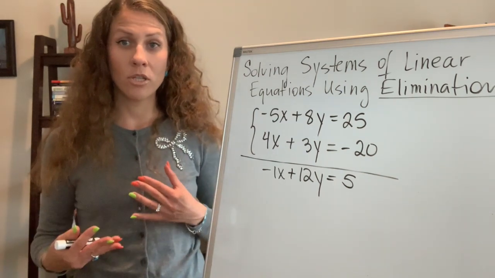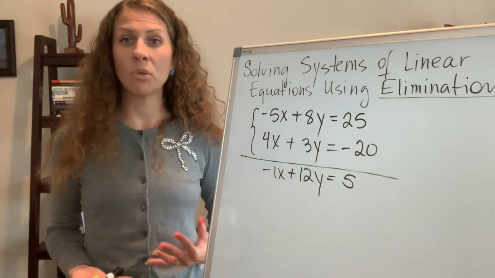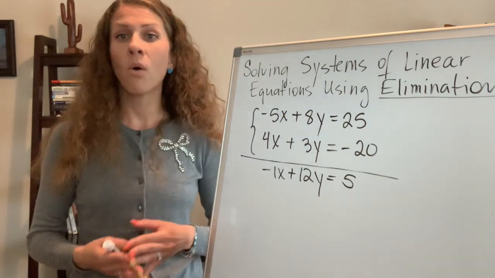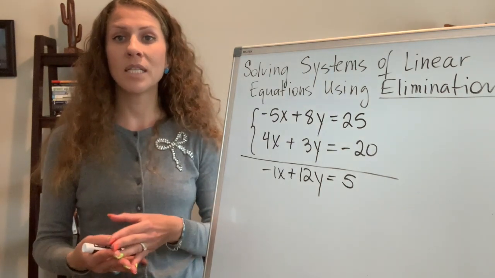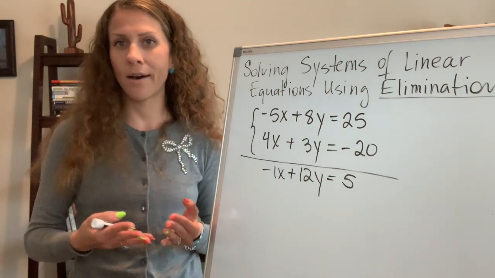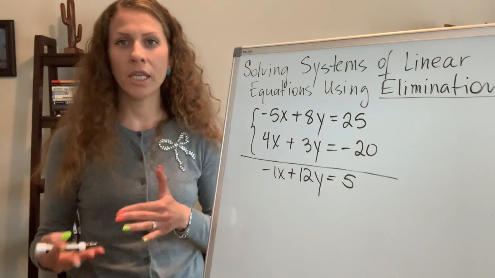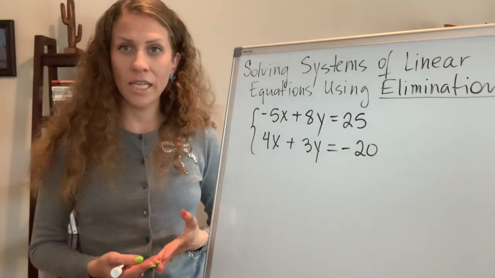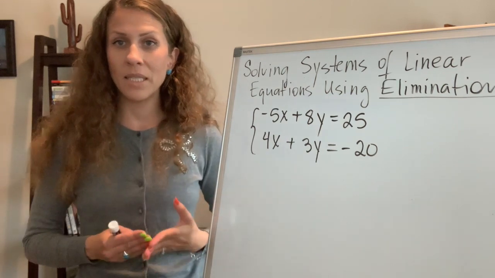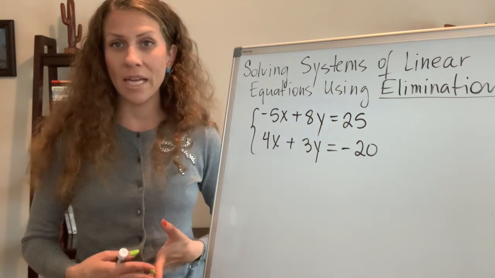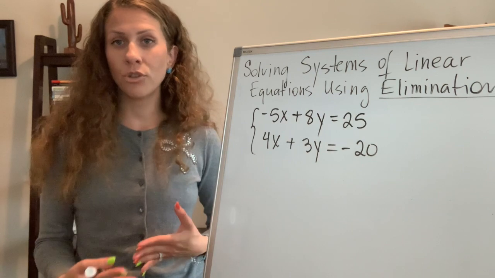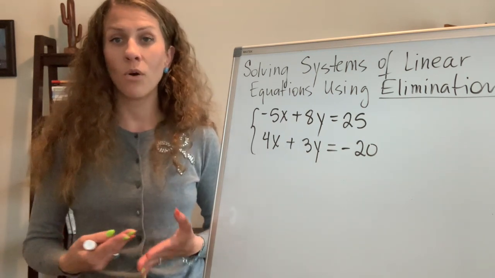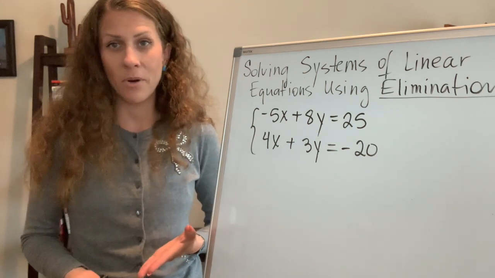So one of the equations, maybe even both of the equations, will need to be adjusted so that one of the variables, either x or y, have opposite numbers next to them, like 5 and -5, 2 and -2, and so on. Because x's in the first and second equation already have opposite signs, I will try to eliminate x's. But you can absolutely eliminate y's by multiplying one or both of the equations by a number.